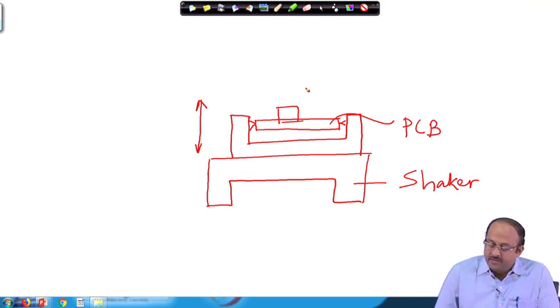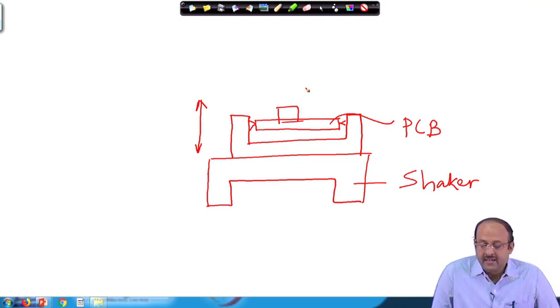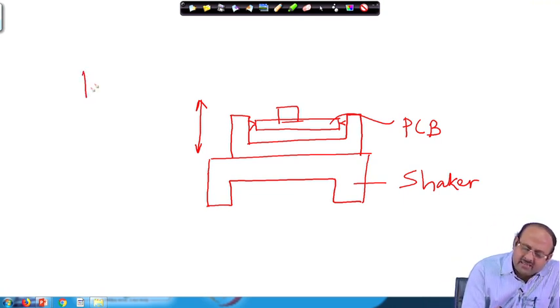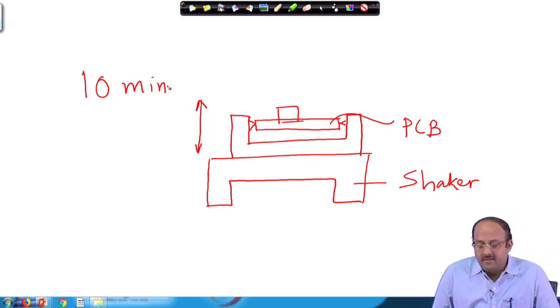Depending upon how many axes are to be vibrated, the vibration time changes. Normally, if only one axis is to be vibrated, it is vibrated for 10 minutes, and then it is seen whether the failure is taking place or not.